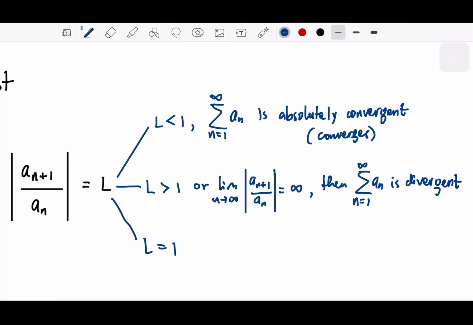If L equals 1, the ratio test is inconclusive. No conclusion. So no conclusions can be taken about the convergence or divergence.